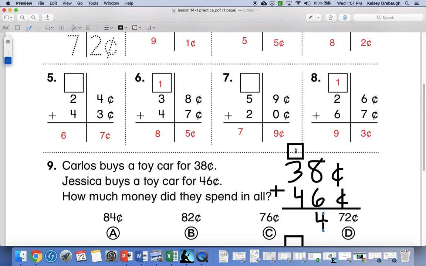I will regroup my 10 to the regrouping box and then add the tens place. 3 plus 1 is 4, plus 4 more is 8. So I have the number 84. What can I not forget since we are adding money? I cannot forget to include my cent symbol. Okay, so our correct answer is A, 84 cents. Sorry, it's a little sloppy there, guys.